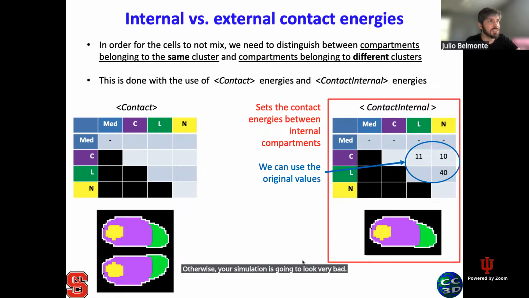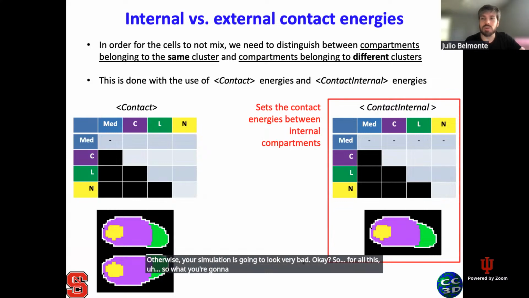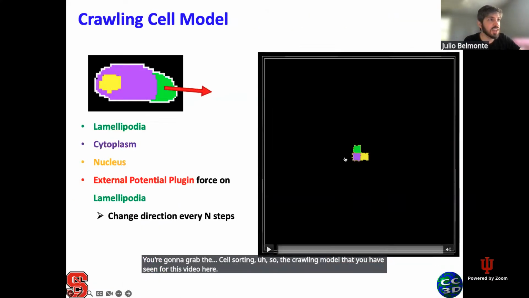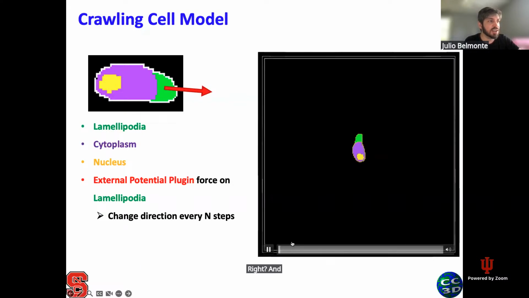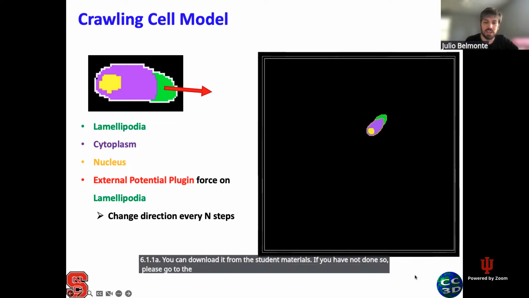So what you're going to do here is grab the cell sorting, the crawling model that you have seen in this video here. This model is available in the file 6.1.1a. You can download it from the student materials. If you have not done so, please go to the student materials and download it.